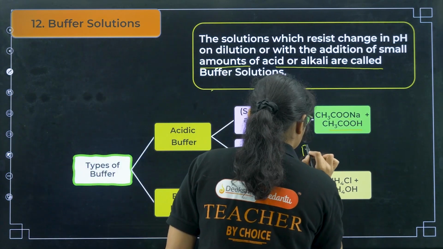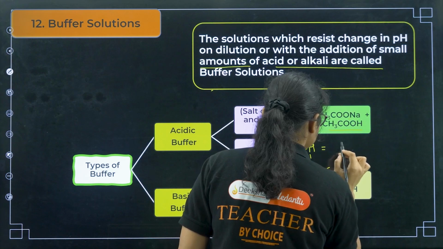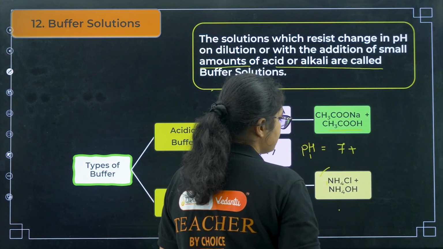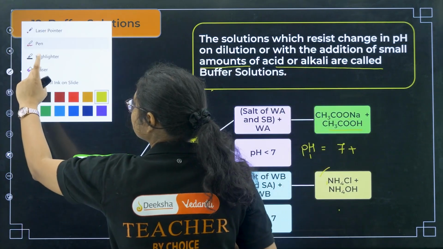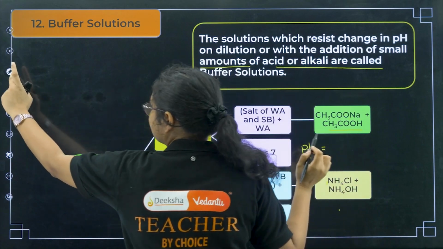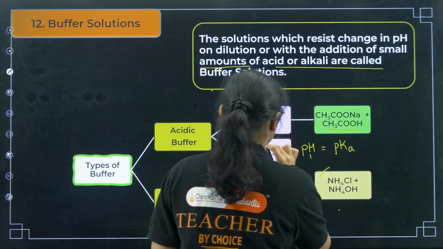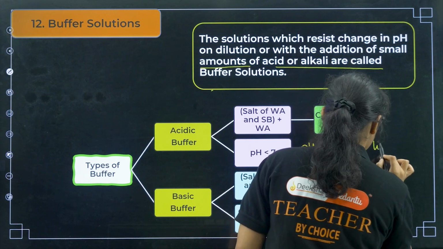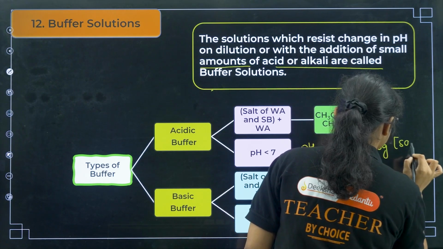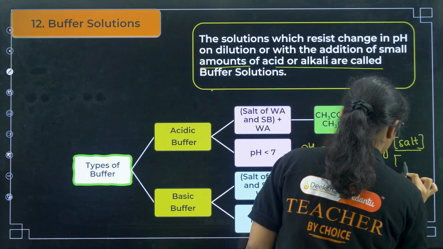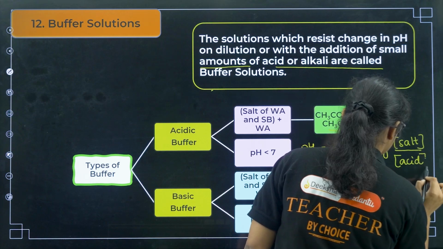To calculate pH, it is not 7, it is pKa, because here we have a weak acid. So pH is equal to pKa plus log of salt concentration divided by acid concentration.